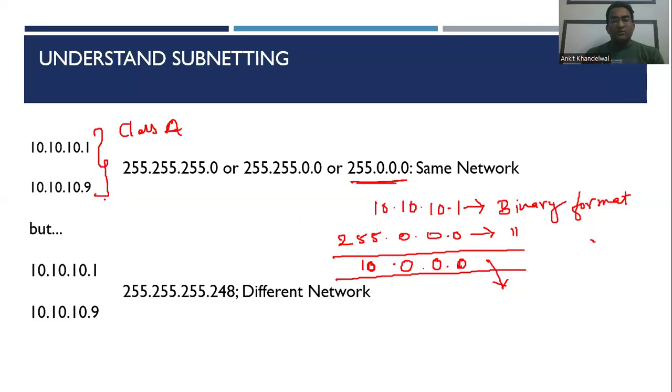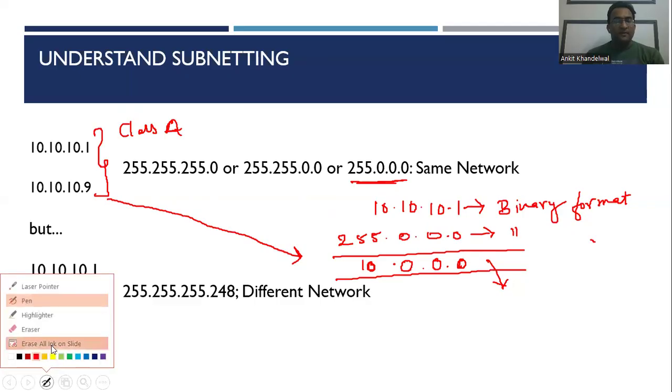Similarly, when we use the IP address 10.10.10.9, again, if I use the default subnet mask, the same network address will come out for this IP address also. That means these two IP addresses belong to the same network, that is 10.0.0.0 there.